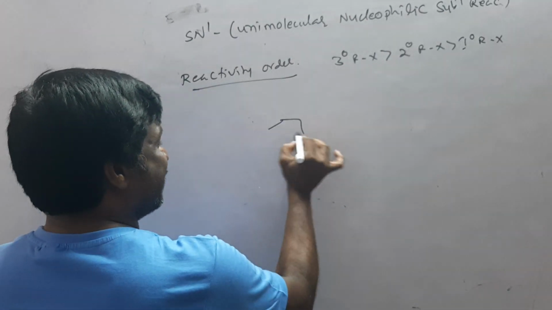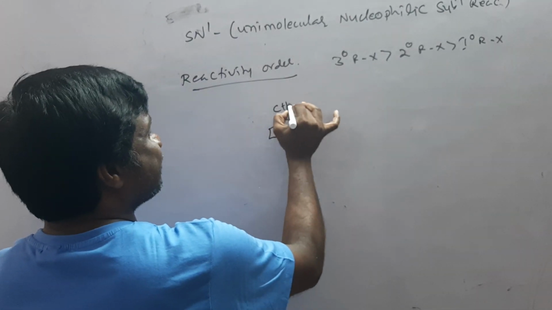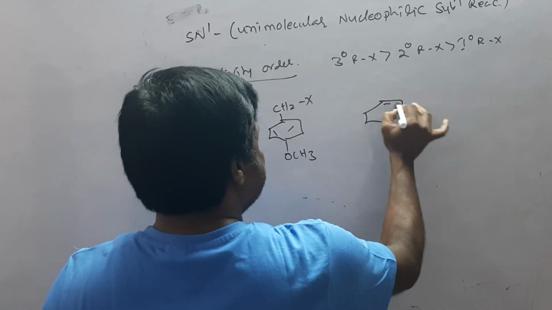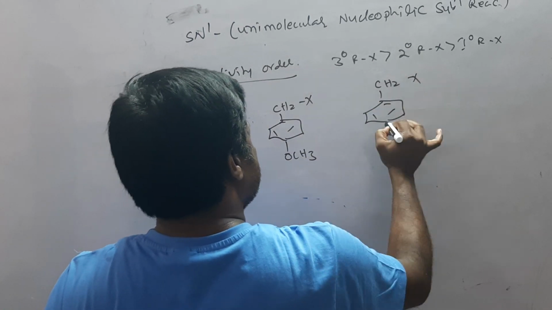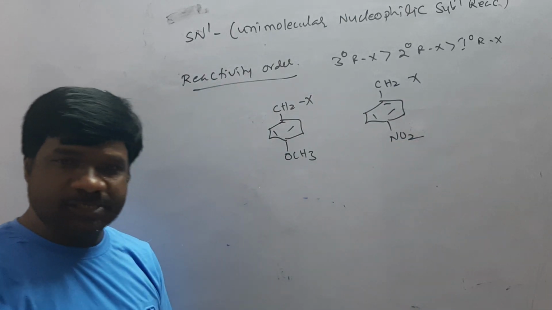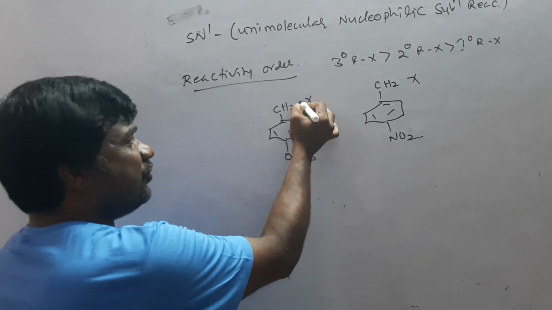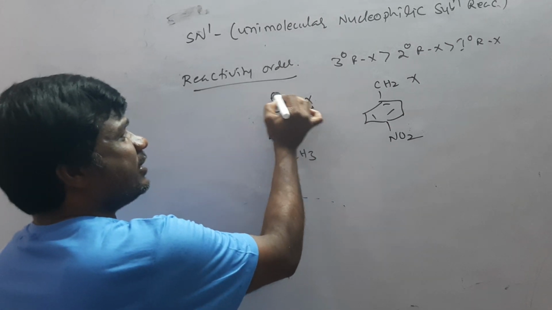Sometimes they give a question with benzyl halides with OCH3 or NO2 substituents on CH2X. It purely depends on the stability of the carbocation. On loss of X minus, the carbon gets the positive charge.